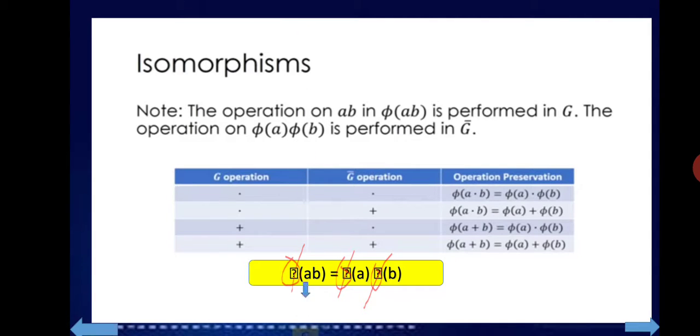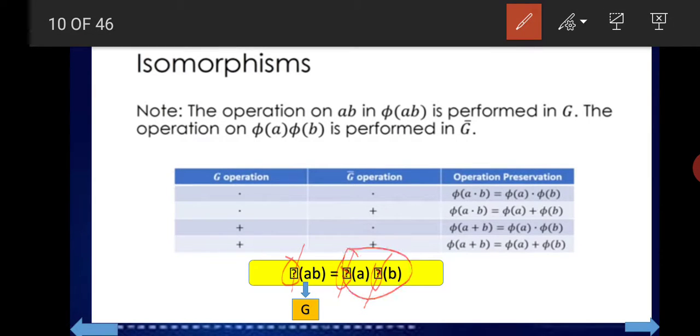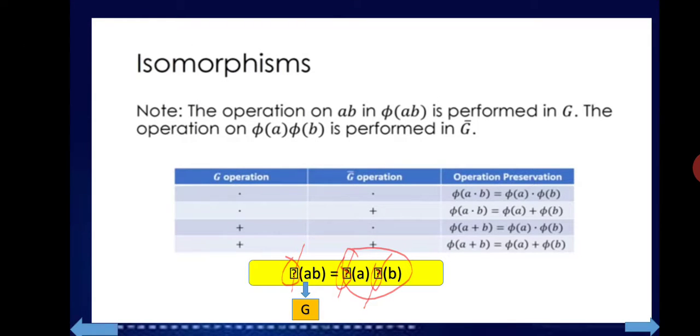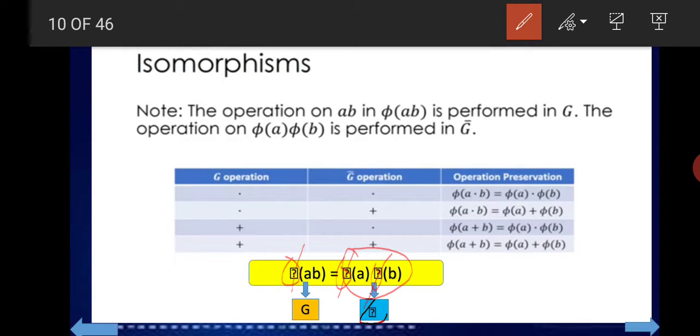As you observe, in phi of ab, the operation ab is done in G, and in phi of a times phi of b, the operation is done in G bar.